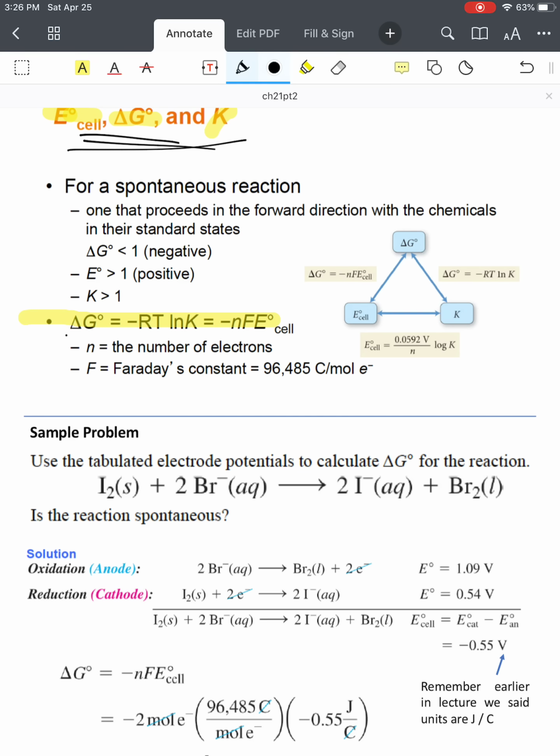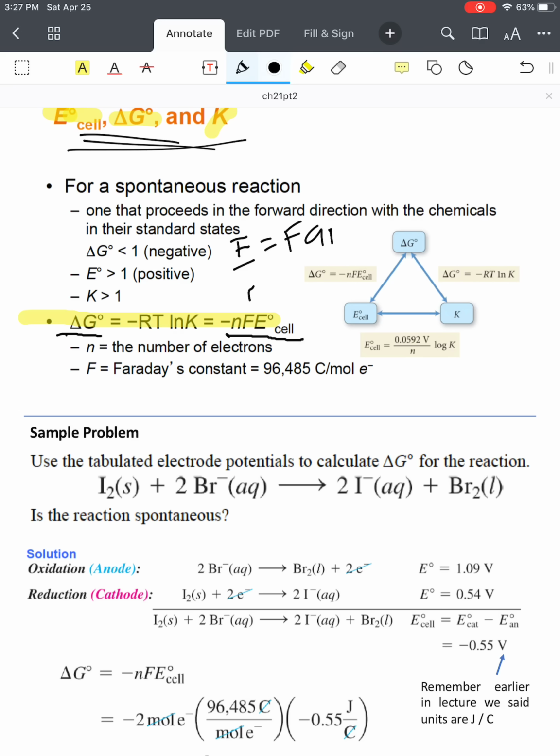It just so happens that the change in the Gibbs free energy for a redox reaction can be set as being equal to negative N times F times E cell. Let's talk about what all these variables are. Now, earlier in the previous lecture, we learned what F was.